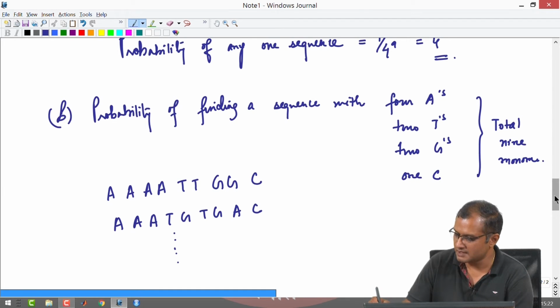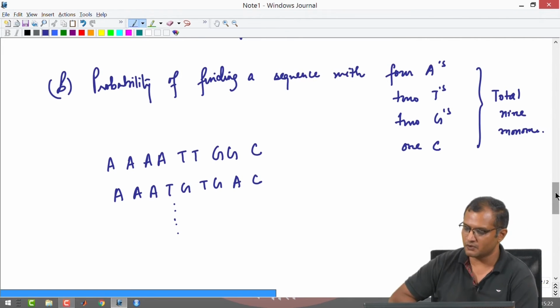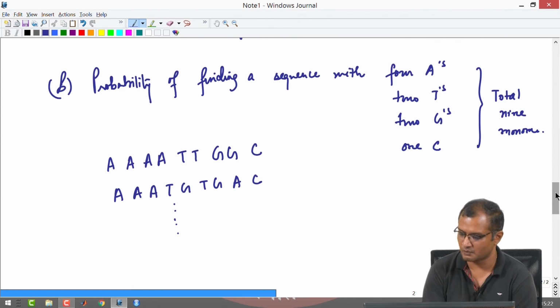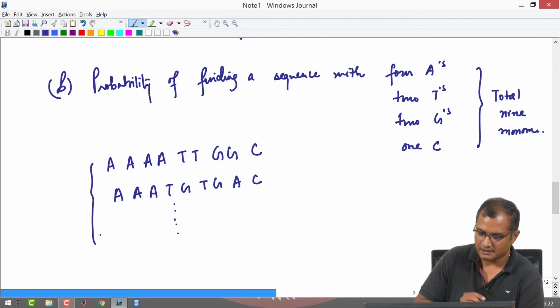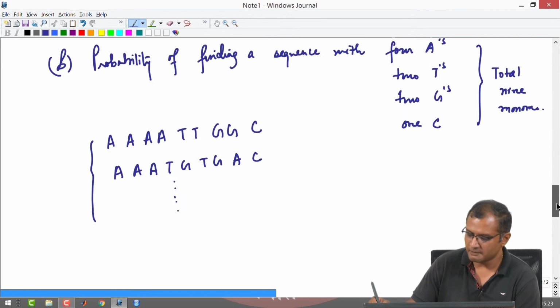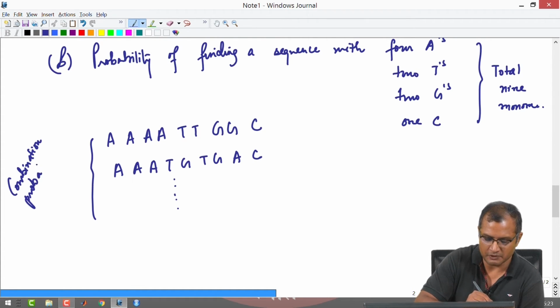So, the question asked here is, what is the probability of finding a sequence with 4 A's, 2 T's, 2 G's, 1 C? Basically the sum of all these permutations divided by the total number of permutations. So, this is essentially a combination problem where you do not say that I want exactly this permutation.